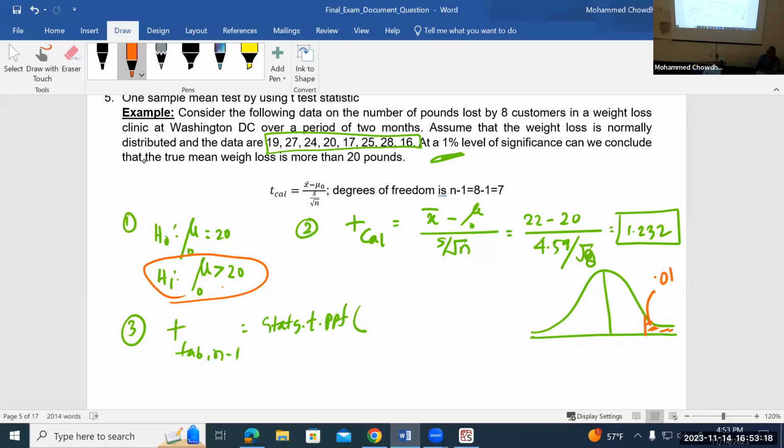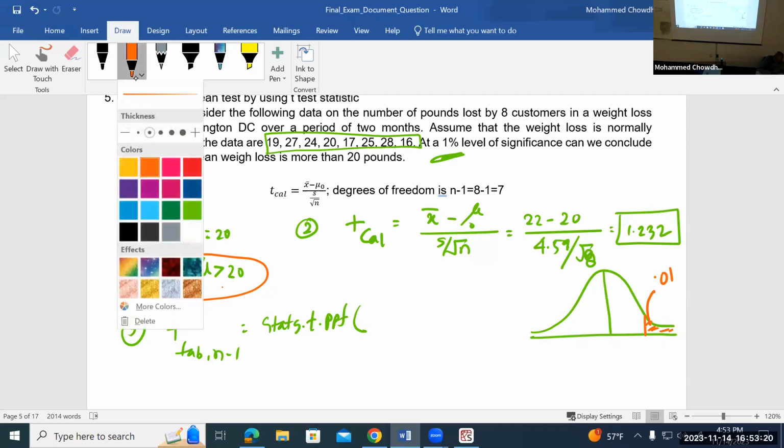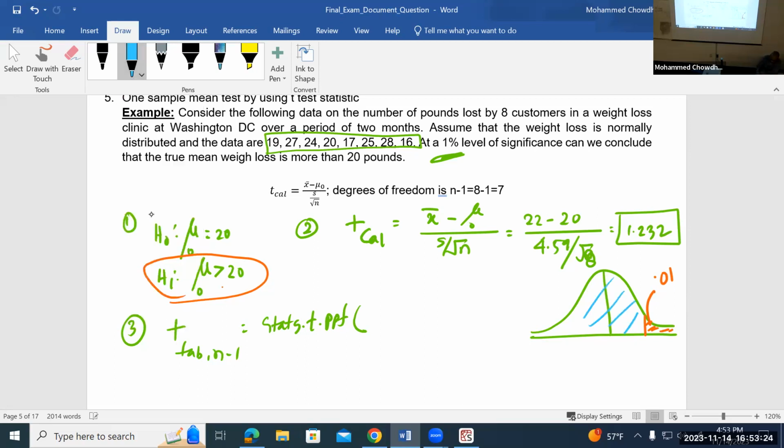If this is equal to 0.01, then this is equal to 0.99. So I can write here 0.99, and my degrees of freedom equal n minus 1, df equal to n minus 1.